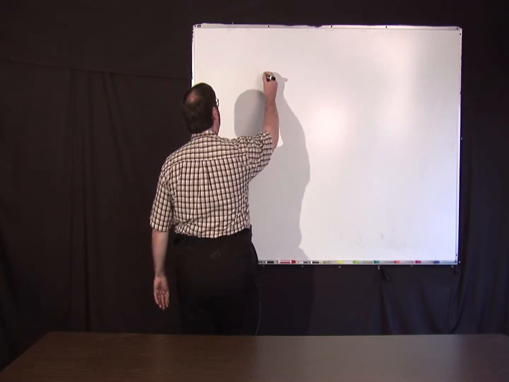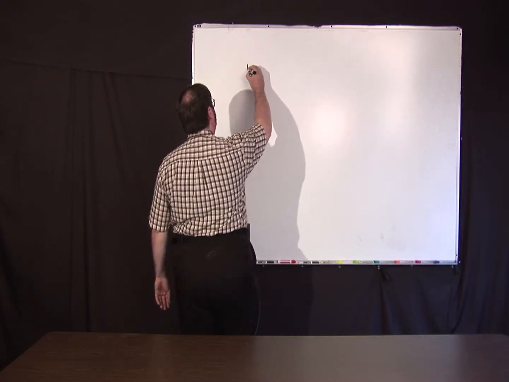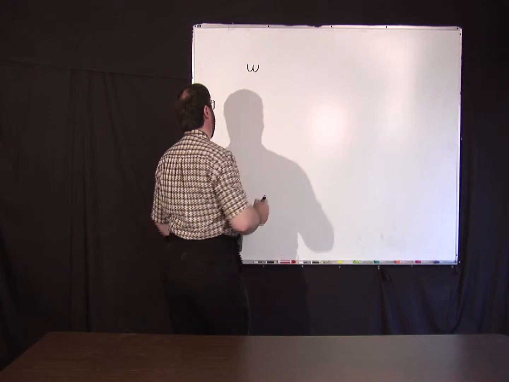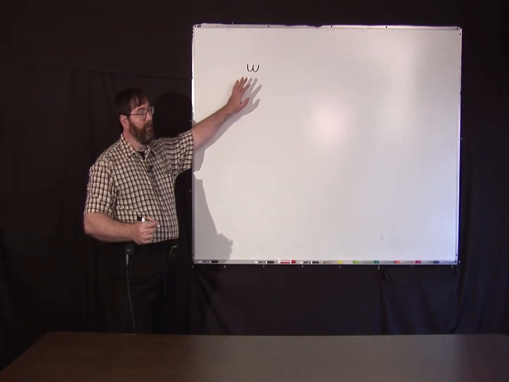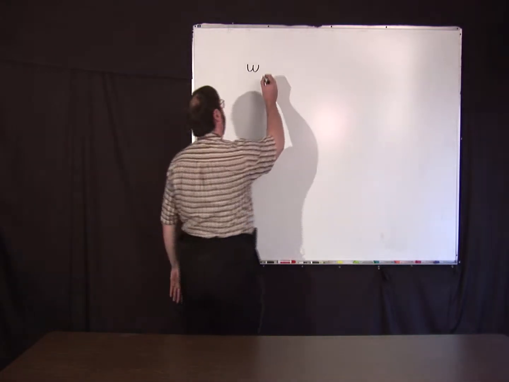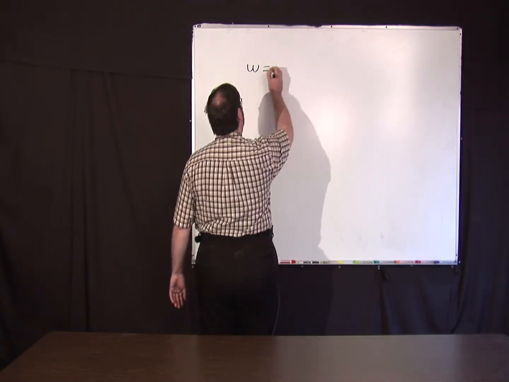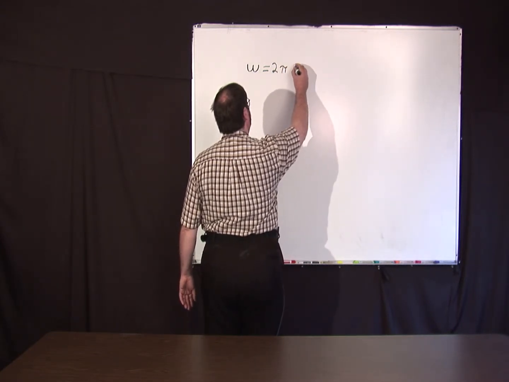Okay, first of all, we just described something called omega, which is called angular frequency. I was about to say that last podcast, but I missed. It is equal to 2 pi times the frequency.